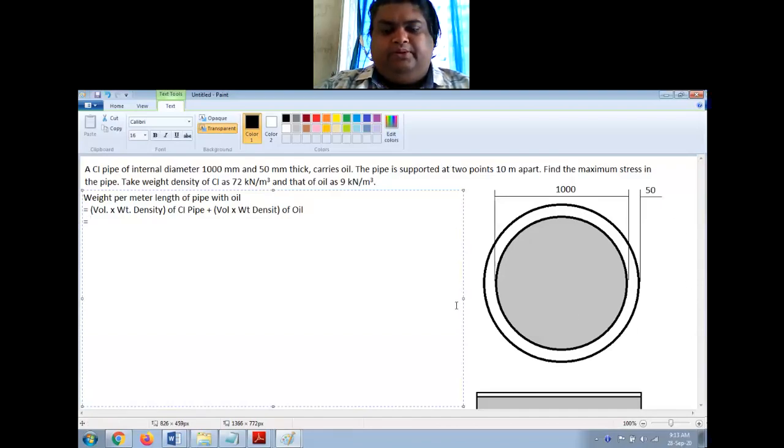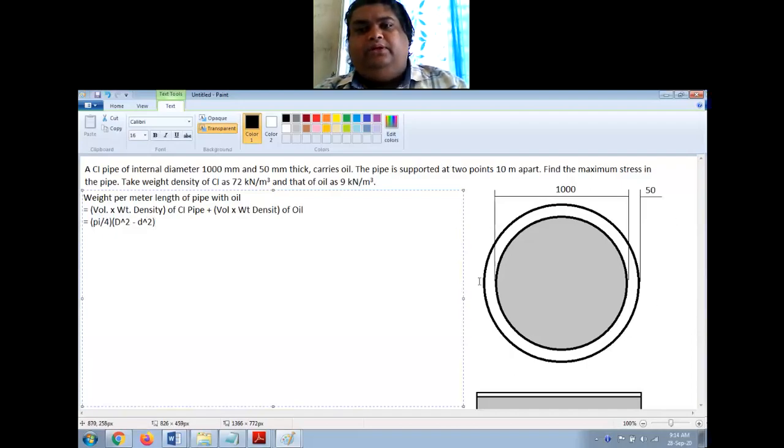Volume of the pipe is pi by 4 into the outer diameter, that is D square, minus inner diameter, I'll call that as d square.